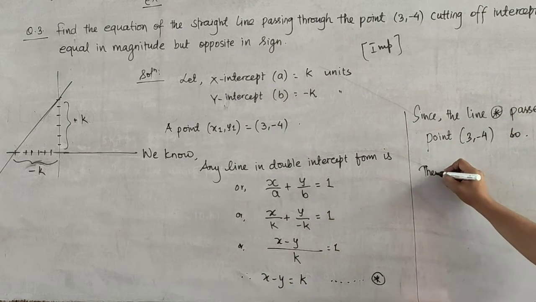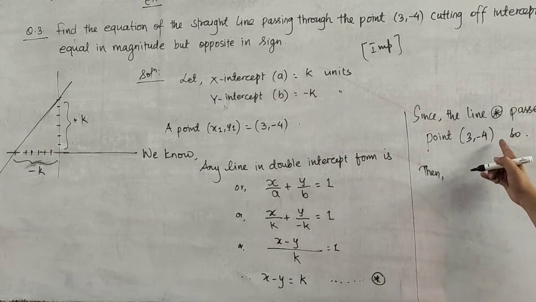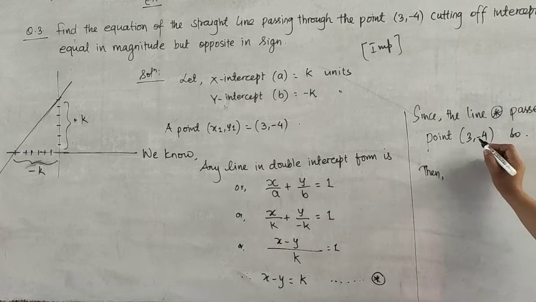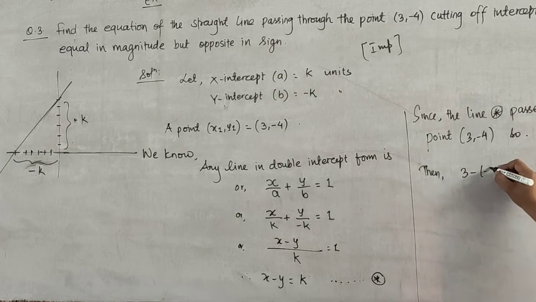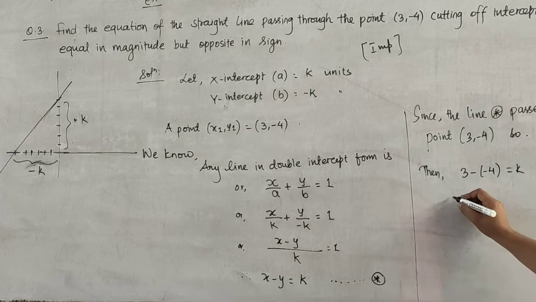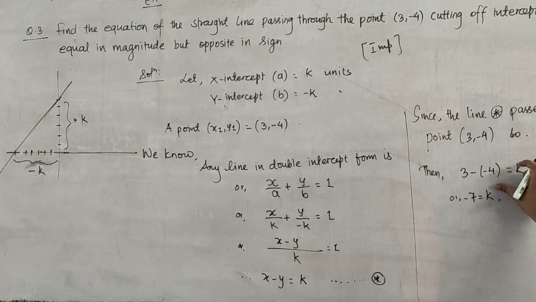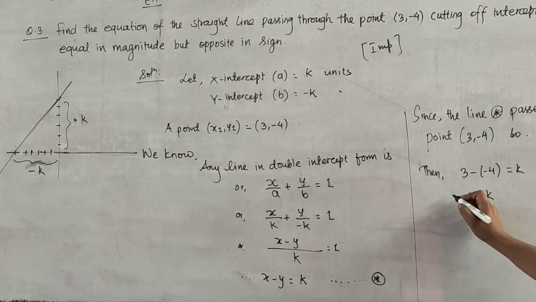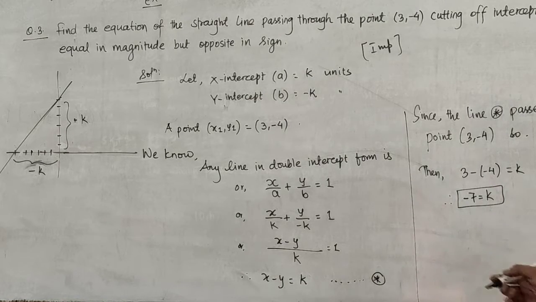Then that point (x1, y1) should satisfy this locus. So x comma y: 3 minus y, which is -4, equals k, or the value of k is -7. The value of k we obtain is -7.